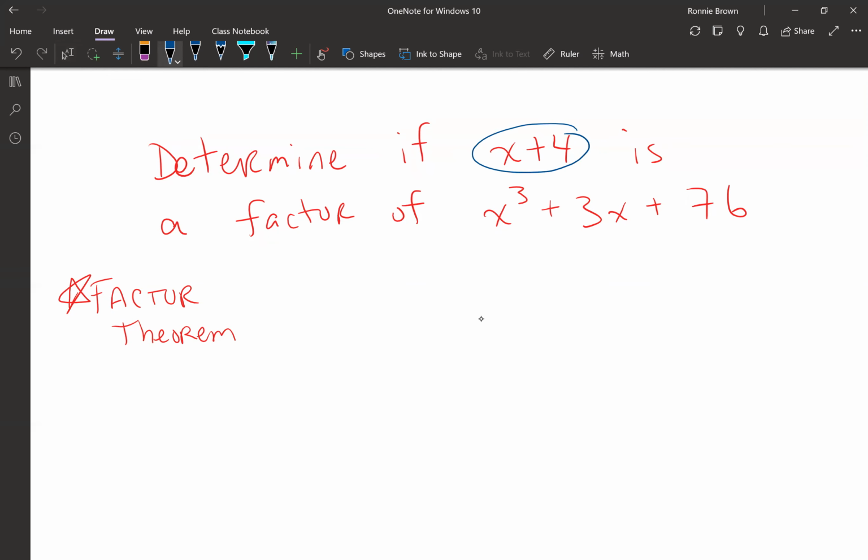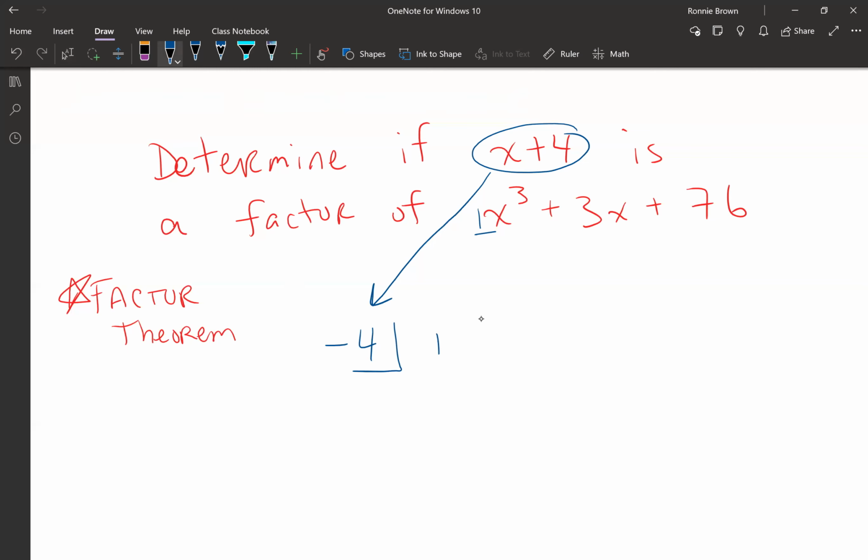x plus 4. If you recall from our initial synthetic division lectures, when we had the divisor, we would always take the opposite of that constant. So we're going to use -4. -4 goes in our box. Now, what's the coefficient in front of the x to the third?